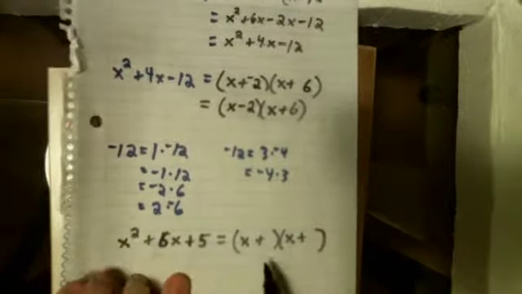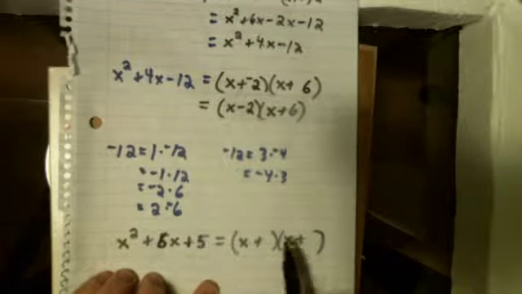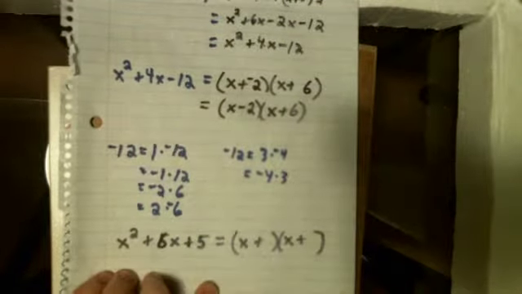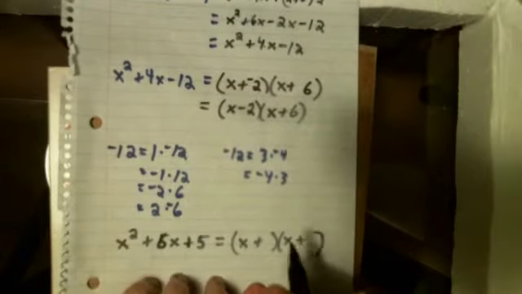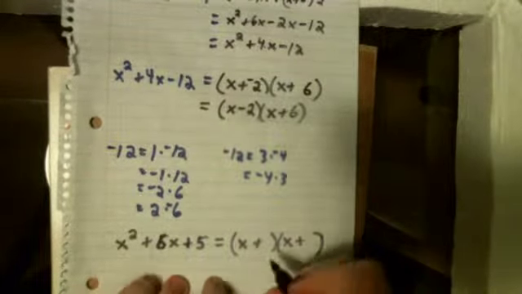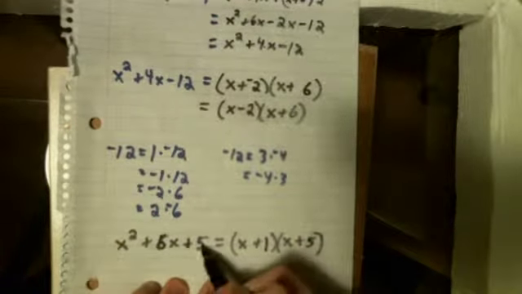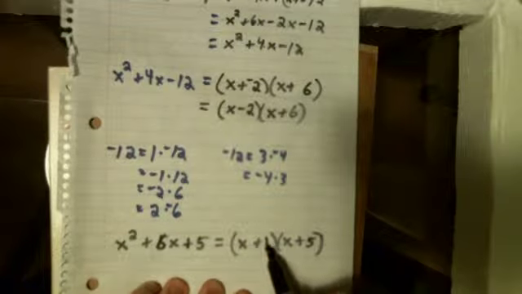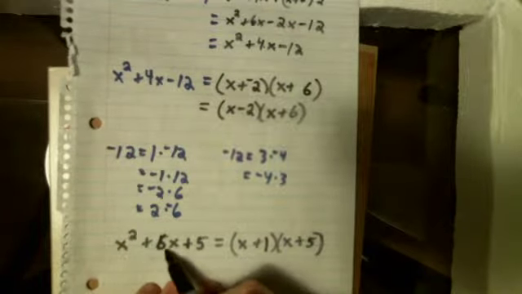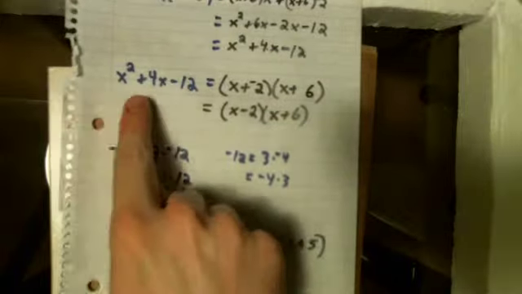Well, these numbers are going to have to multiply together to give 5. And when we add them, they're going to have to get 6. So here there's really only one choice. 5 splits up into 1 times 5 and nothing else. So if we put a 1 here and a 5 here, 1 times 5 will certainly give us 5, and 1x plus 5x certainly gives us 6x. So that's how we factor trinomials.